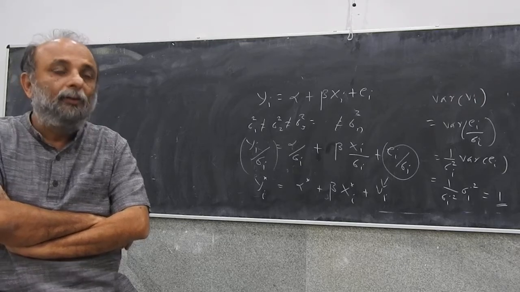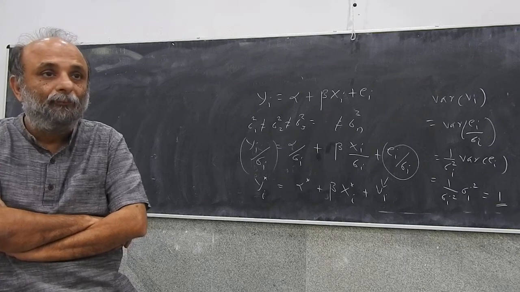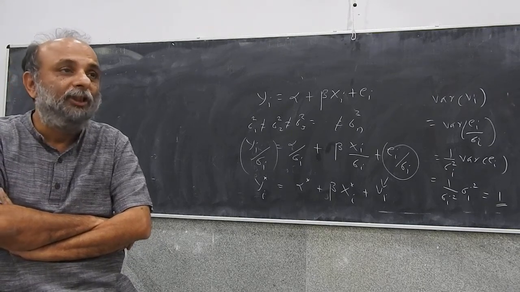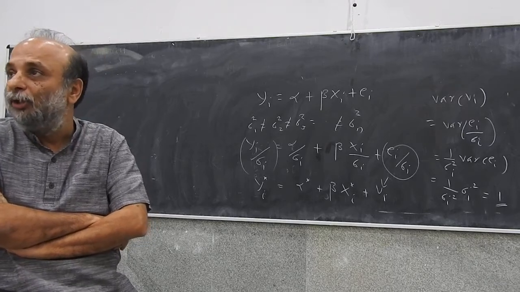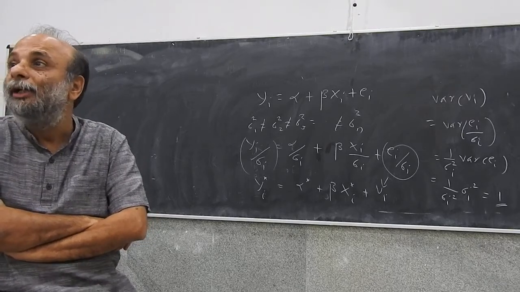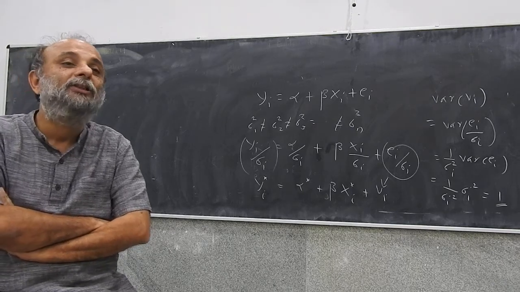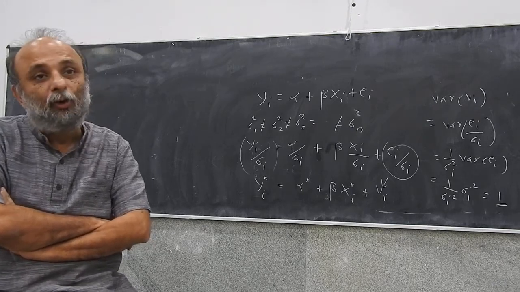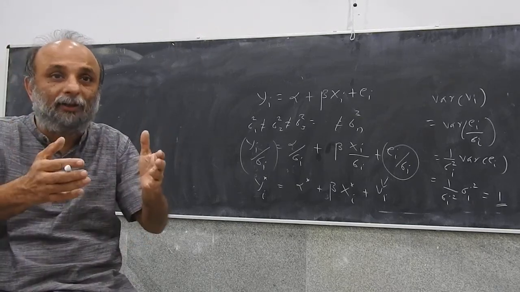Right. Now here we are a little bit lucky because we know what mu is. We know the population mean is 0. For each of the Ei, expectation E1 is equal to expectation E2, all of them are 0. So we don't really need to bother about x bar. So it will be summation xi minus 0 whole square upon n, not n minus 1, because now x bar is not estimated.